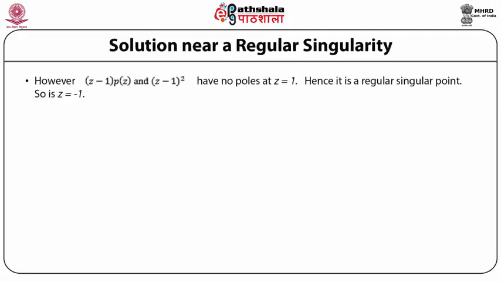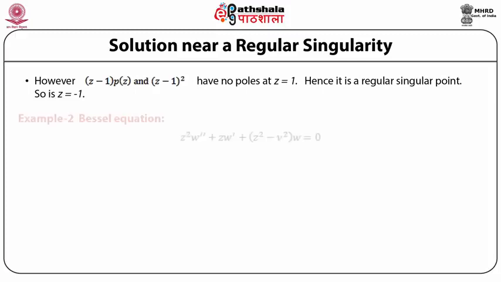However, z minus 1 into p(z) and z minus 1 whole square into q(z) have no poles at z is equal to 1. Hence, z is equal to 1 is a regular singular point. Similarly, z is equal to minus 1 is also a regular singular point.